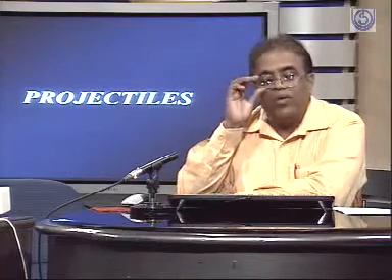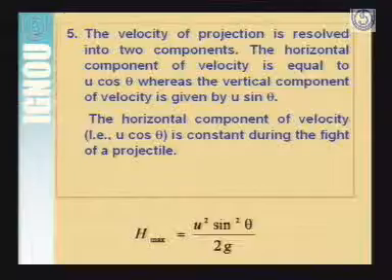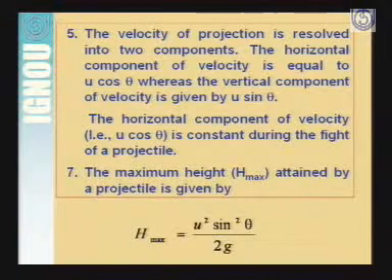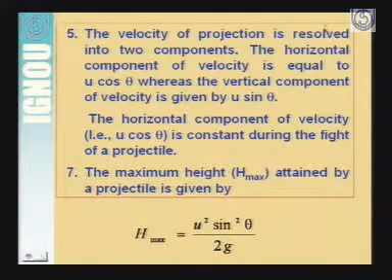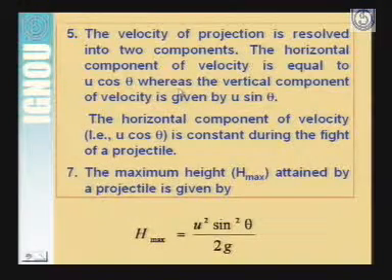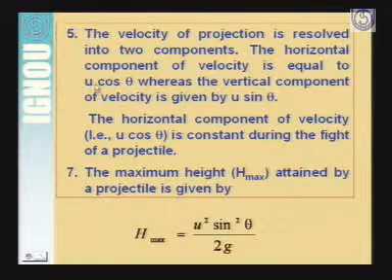And we have also got the expression for the velocity. So the velocity of projection is resolved into two components, because we have discussed the motion of a projectile horizontally as well as vertically. So the horizontal component of velocity is equal to u cos theta, because the velocity is making angle theta with the horizontal direction.